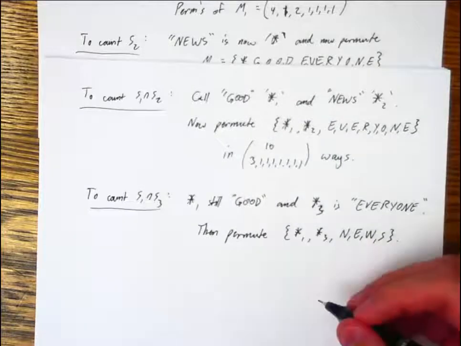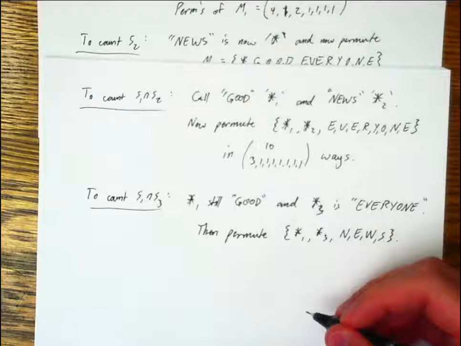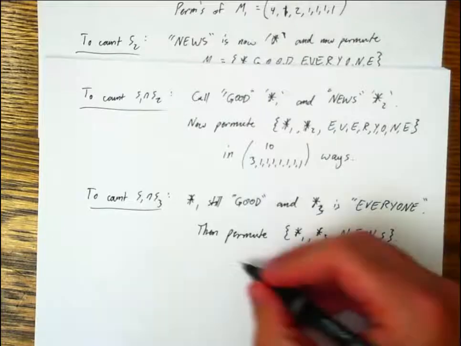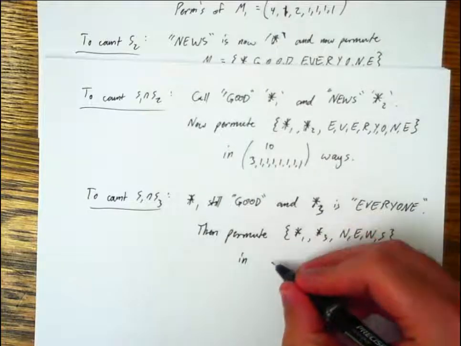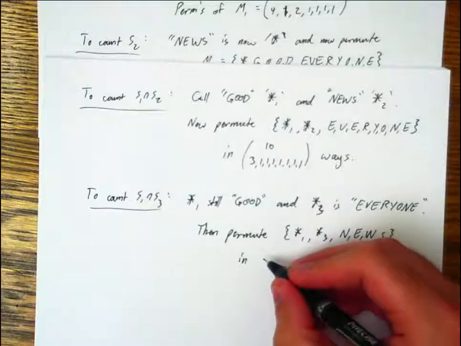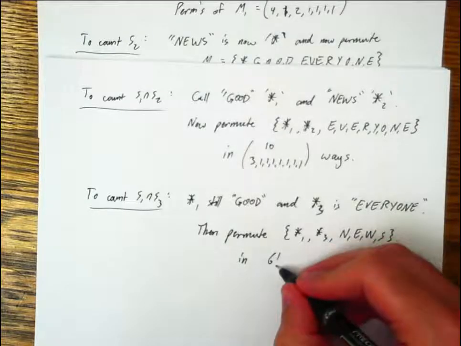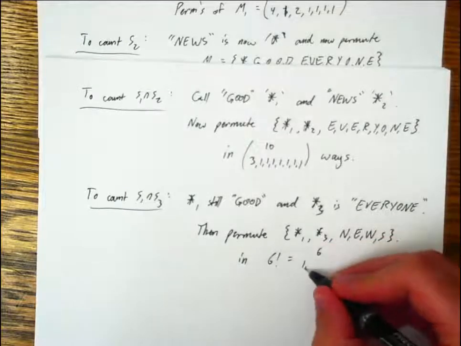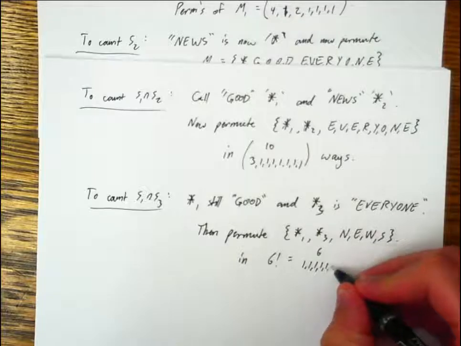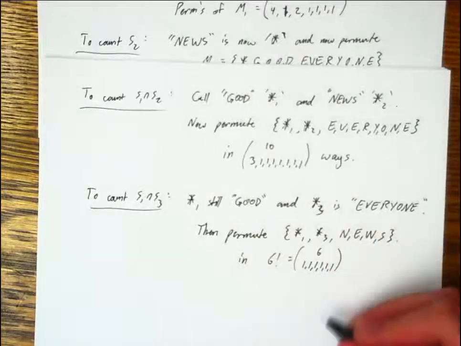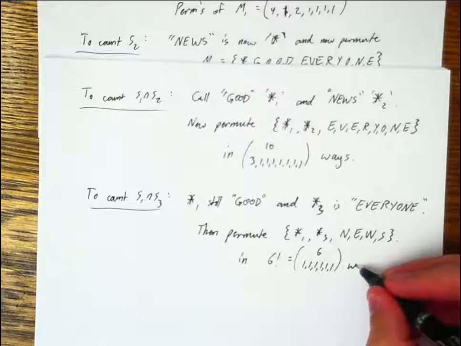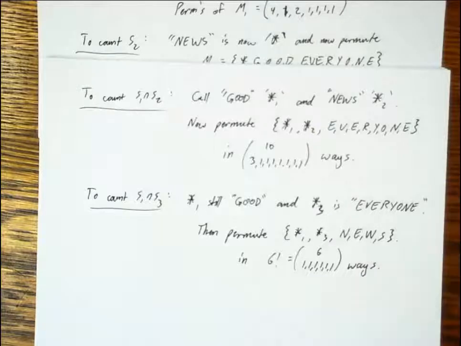All of them are distinct. And we're going to do this in 6 factorial ways. This is exactly the multinomial coefficient 6 choose 1, 1, 1, 1, 1, 1, and we're going to do that in that many ways.